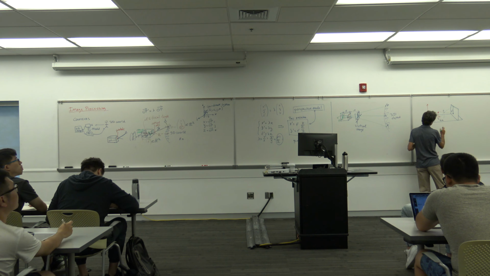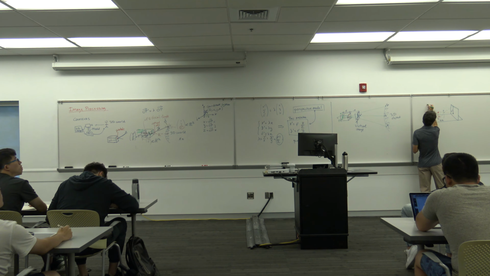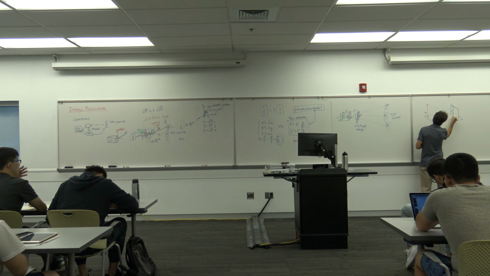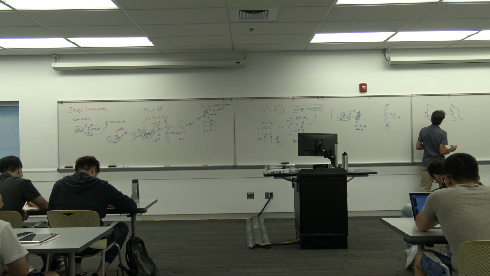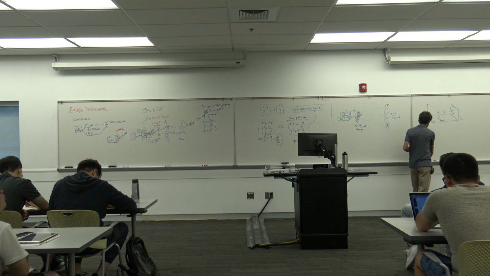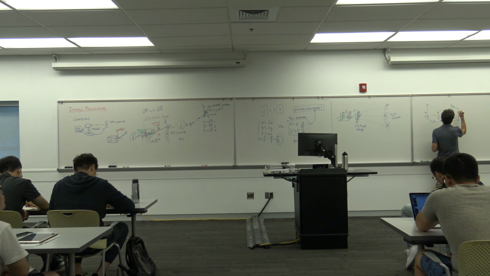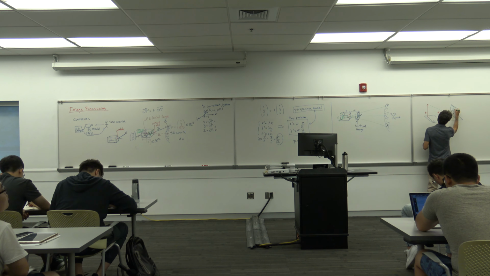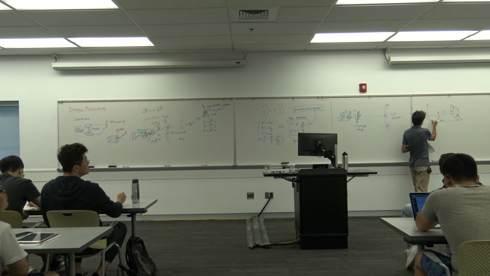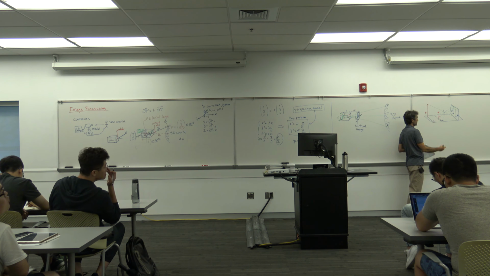Now let's take the image of this other object right here. That means I'm going to have this object right here, B prime. And that line right here is going to be the image of this line, L1.